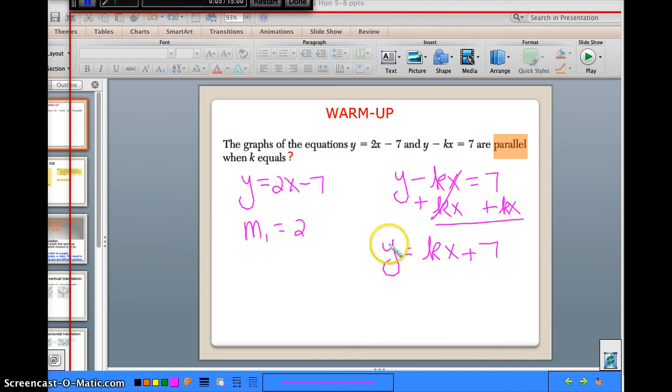I actually didn't even need to do this because my slope has to be the same, so my m2 has to equal k, and I know that since m1 has to equal m2 because they are parallel, therefore k must equal 2. They have to have the same slopes.